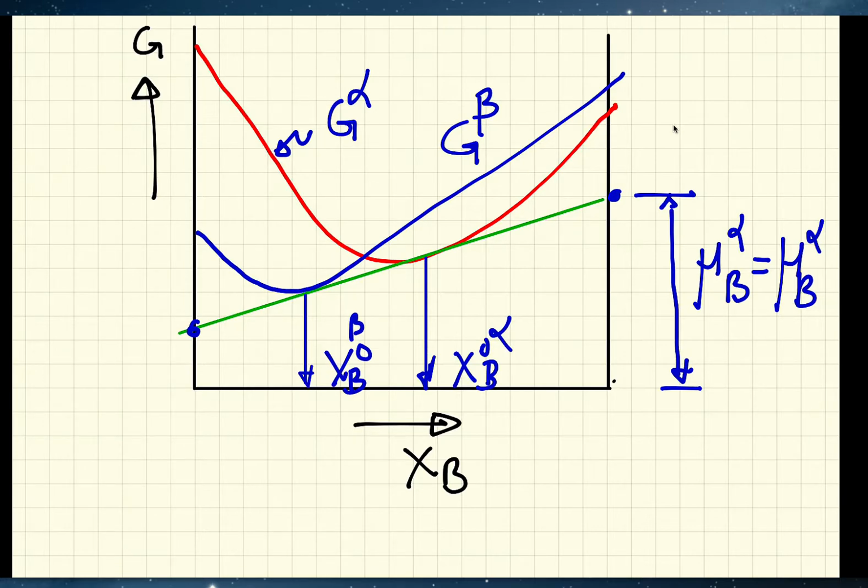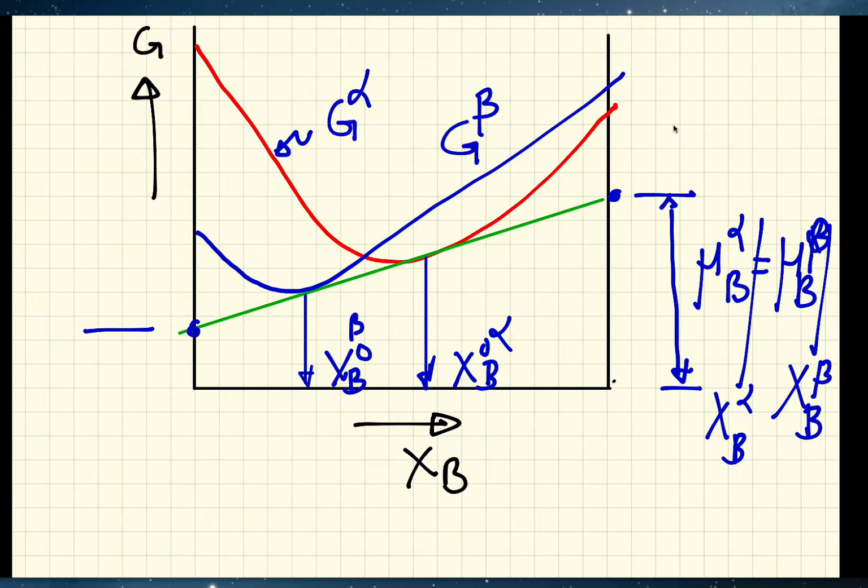Both of them are evaluated at x sub B, this one in the alpha phase. Let me take that back. This is in the beta phase, and this is in the alpha phase, evaluated at x sub B in the alpha phase.